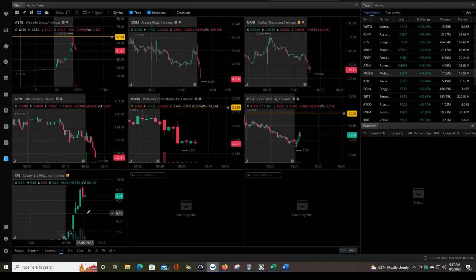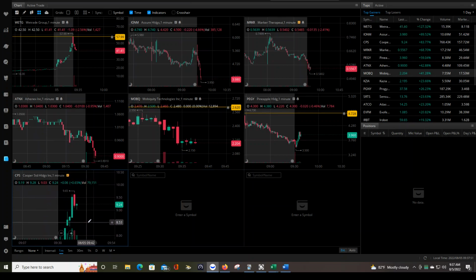Now, when the 1 minute candle makes a new high off of this candle, we could get in and see if there's going to be some continuation here.